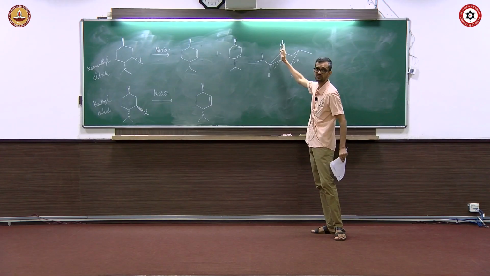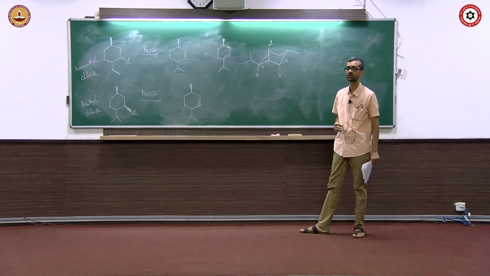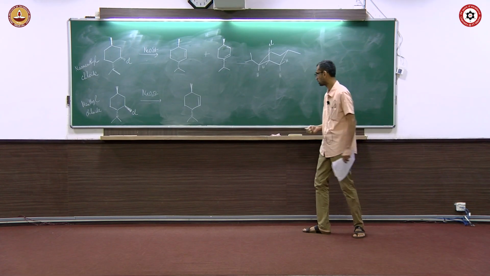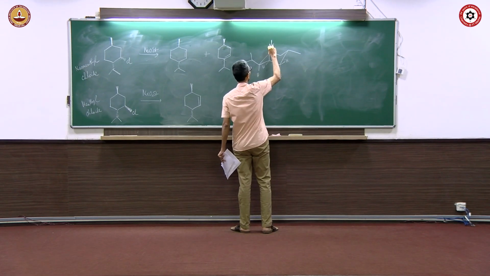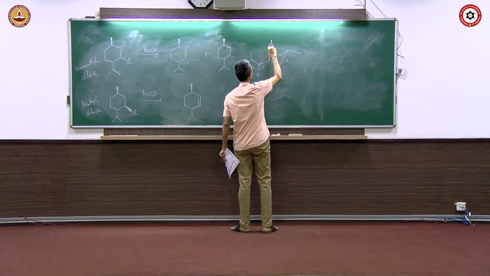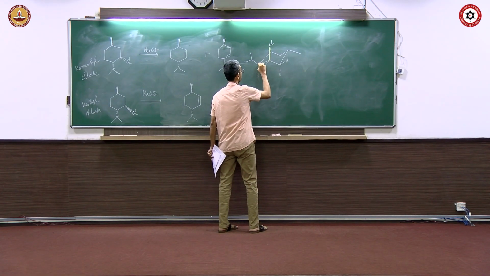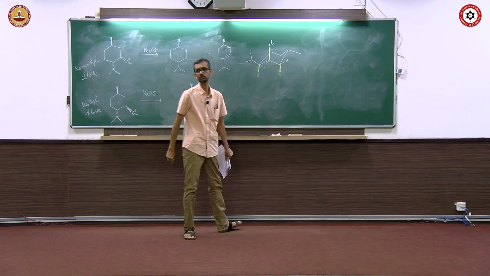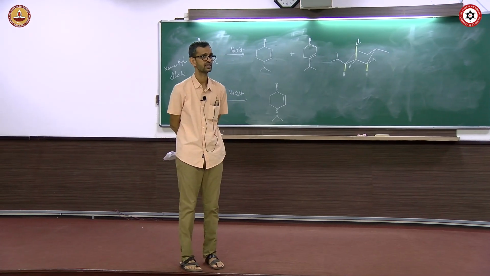The leaving group is Cl, right? So you need to look at the antiperiplanar hydrogens. How many hydrogens are present? For this Cl to leave, these are the two hydrogens that are antiperiplanar.